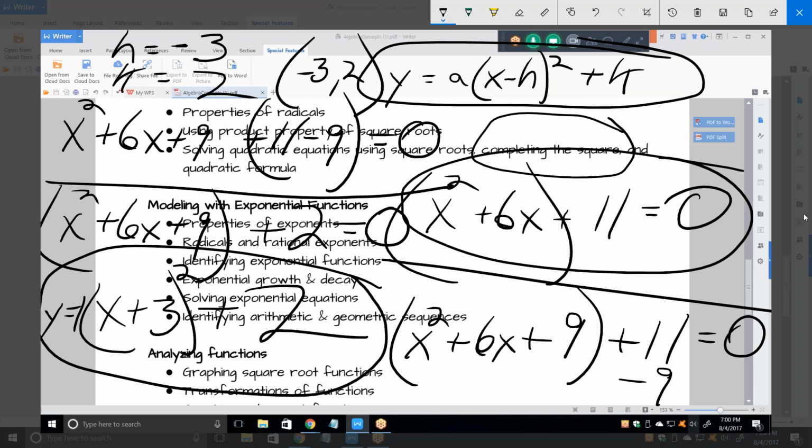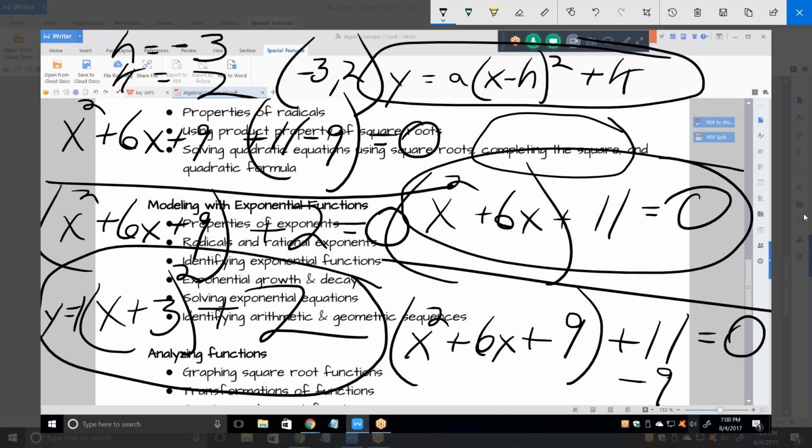And the reason is because it shows you immediately where the vertex is. In other words, whatever h and k is, that's the vertex. And there's no point more important on a parabola than the vertex. That's the very first point you want to know where it's at. So when you can take a quadratic and put it into vertex format, you've accomplished a lot. You immediately know where the vertex is. It's at h, k.